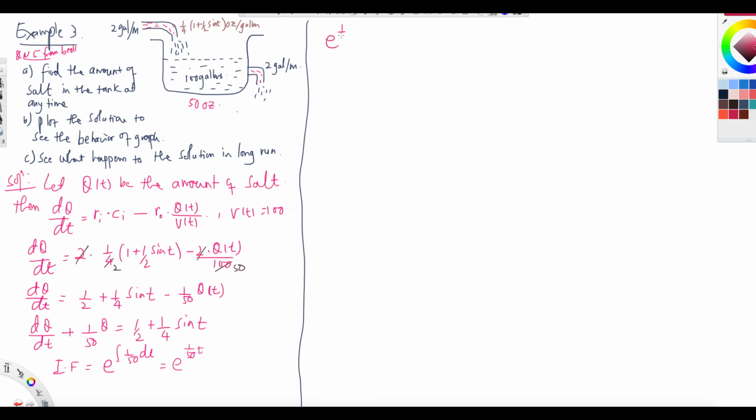You get e^(t/50) times dQ/dt, and then plus e^(t/50) times 1/50 times Q, equals e^(t/50) times (1/2 plus 1/4 sine t).